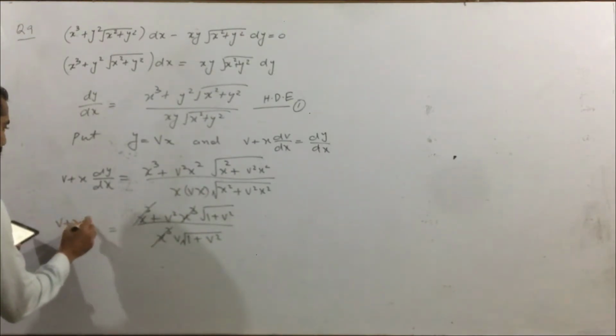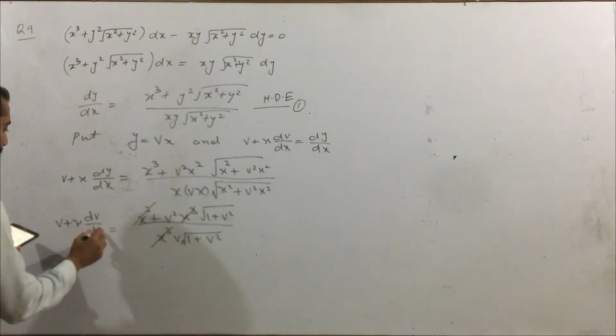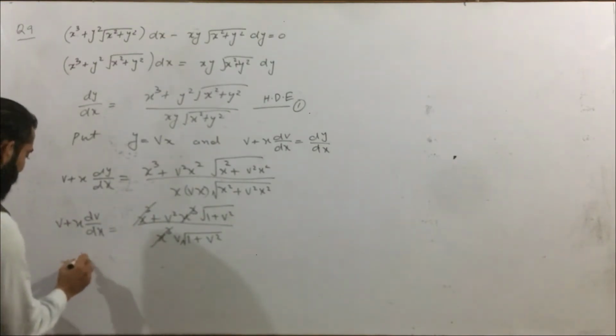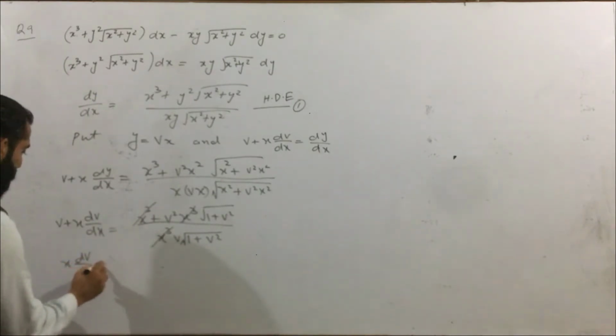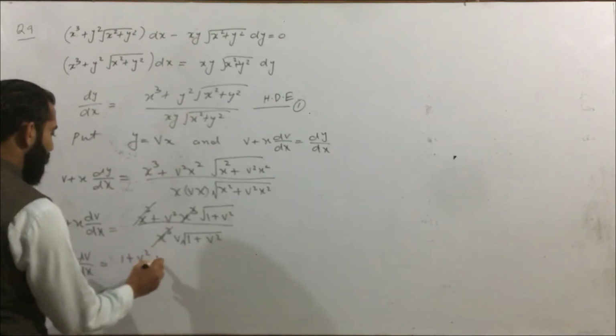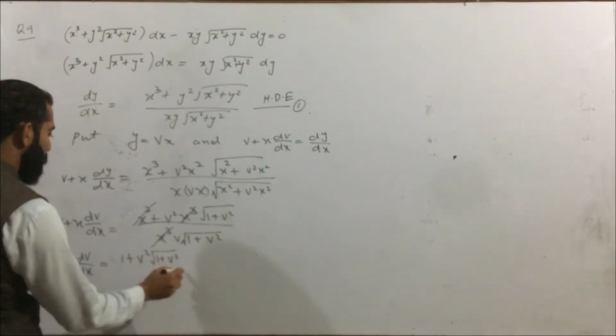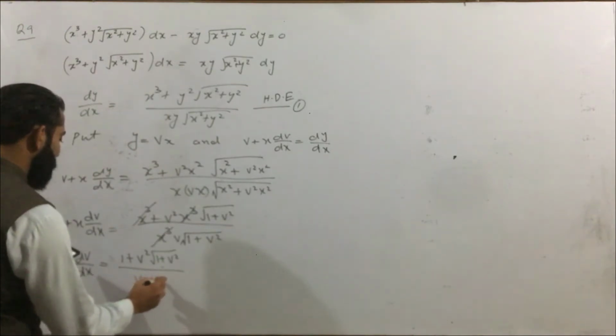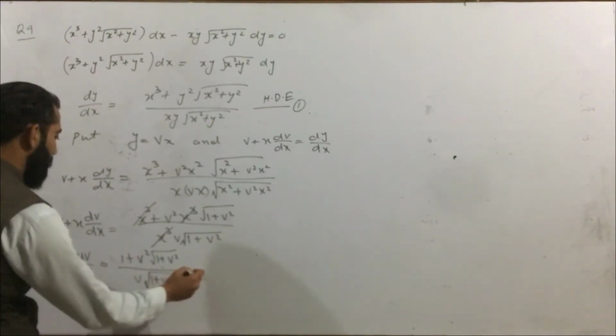v plus x dv over dx, then x dv over dx is equal to square root of 1 plus v square divided by v into square root of 1 plus v square, minus v.